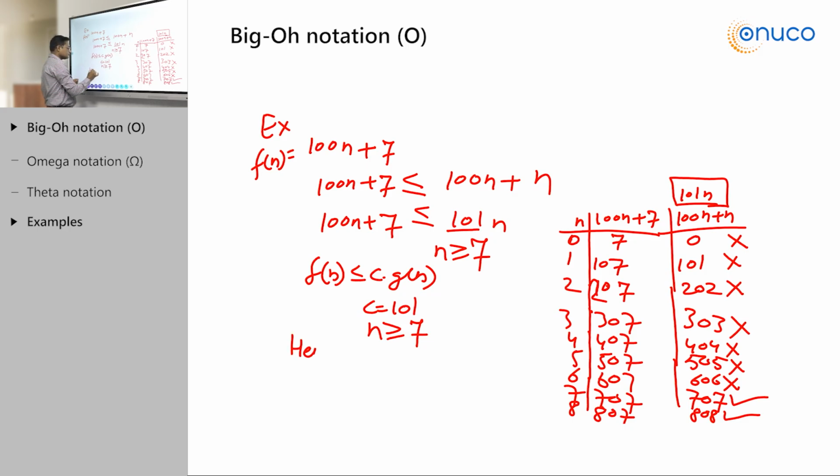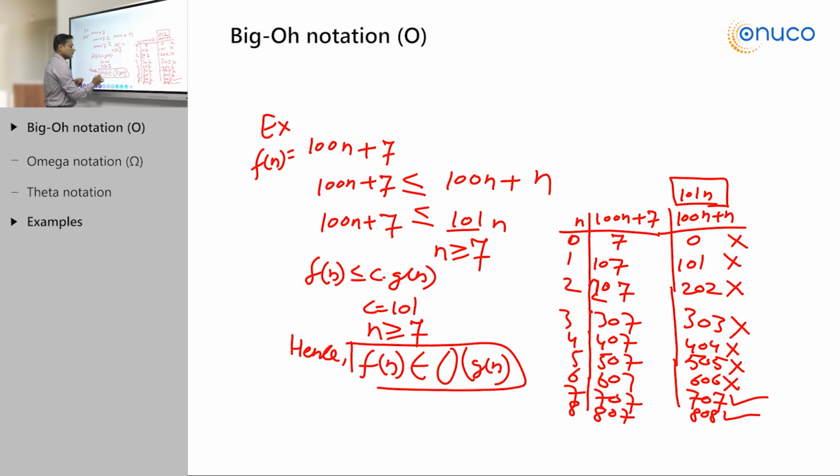Hence, we can say that f of n belongs to big O of g of n. Remember, we are not going to write big O of c into g of n. No, we are not going to write c. Just write f of n belongs to O of g of n.